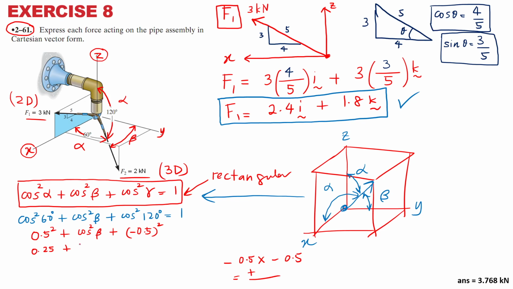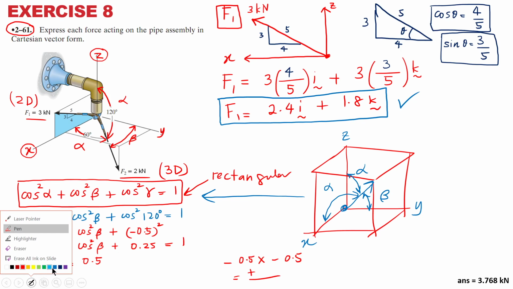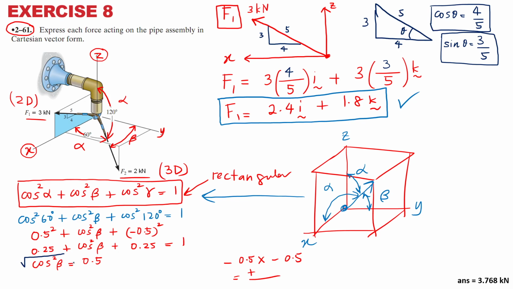0.25 plus cos squared beta plus 0.25 equals 1. So cos squared beta is equivalent to 1 minus 0.25 minus 0.25. You're going to get 0.5. Okay. So now you have to square root both sides. Square root this side, square root also this side.